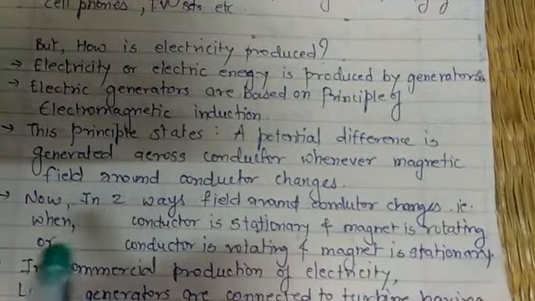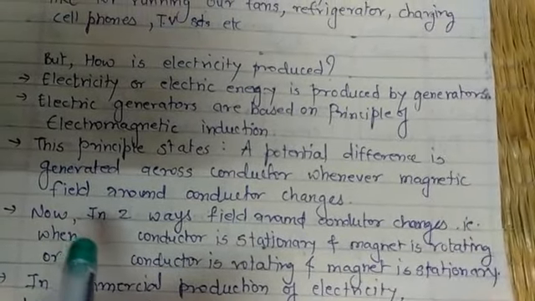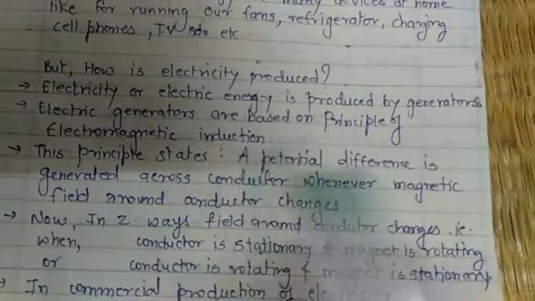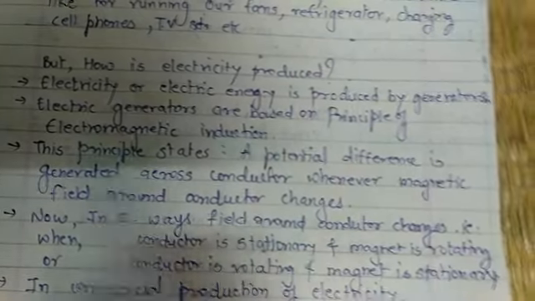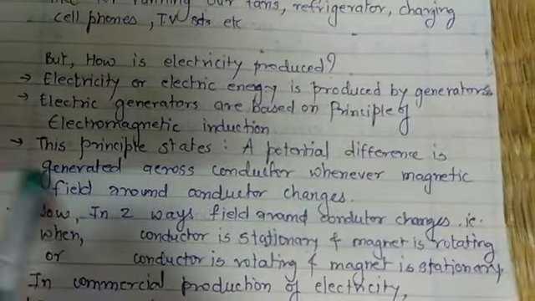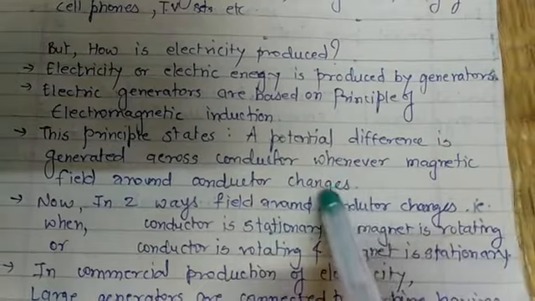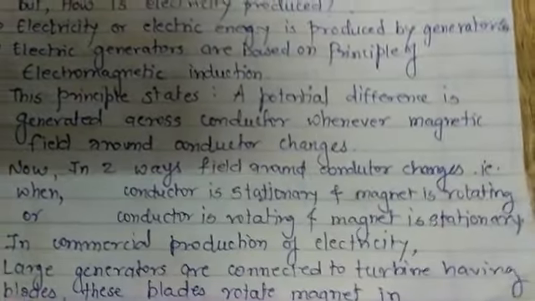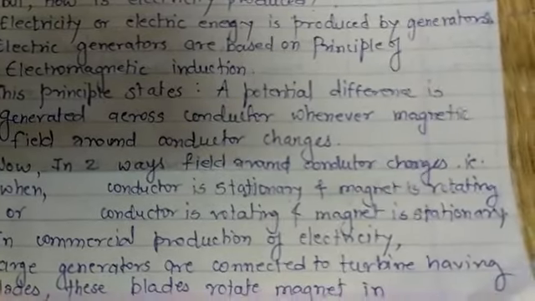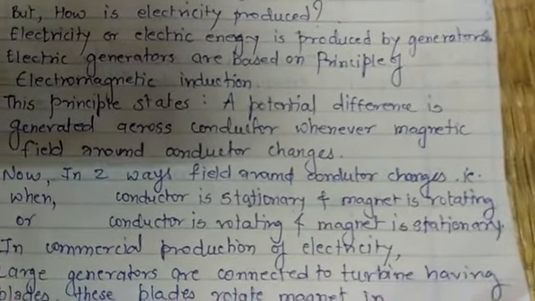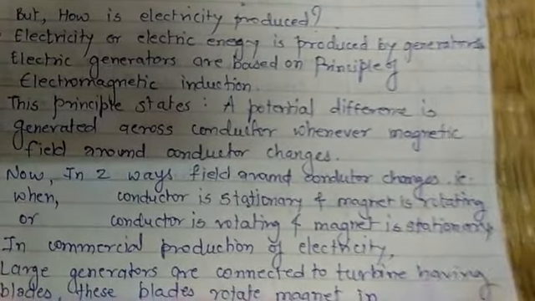We know what potential difference is, right? Potential difference is generated across the conductor whenever the magnetic field around the conductor changes. Now, there can be two scenarios: the conductor moves or the conductor is stationary.